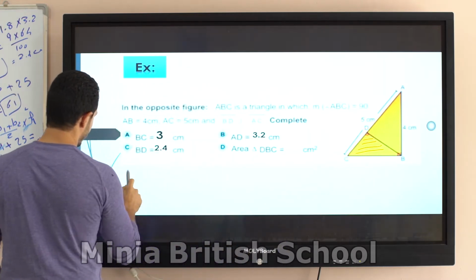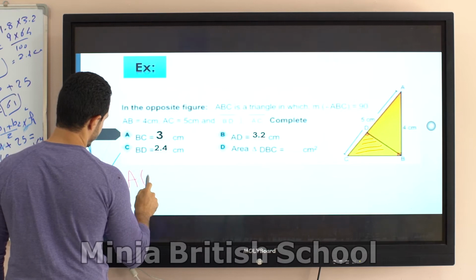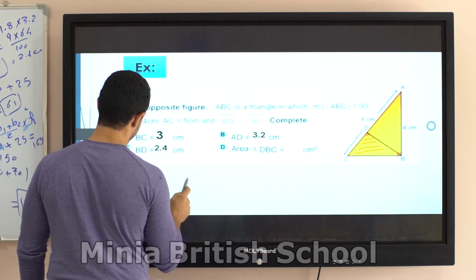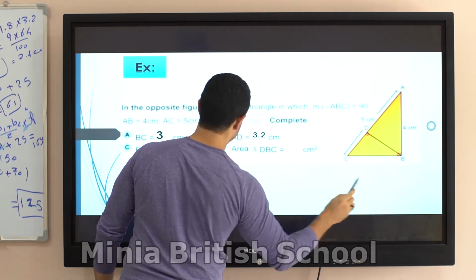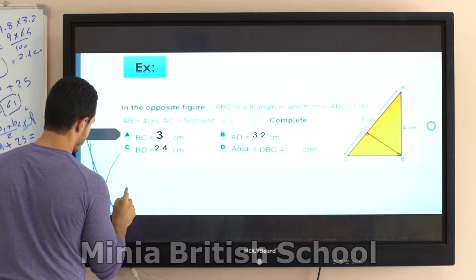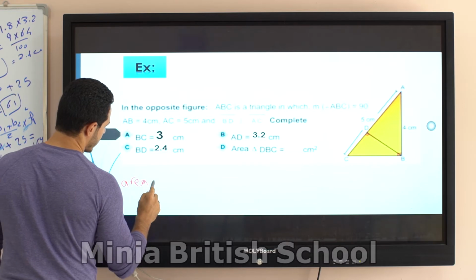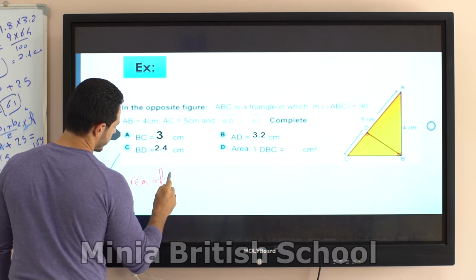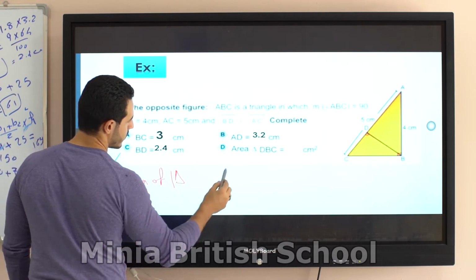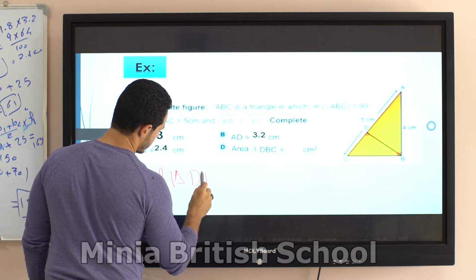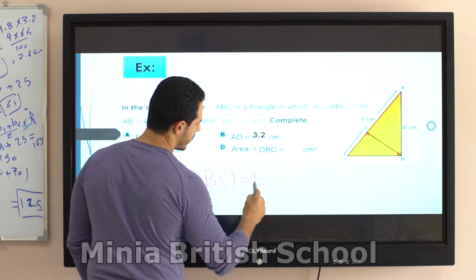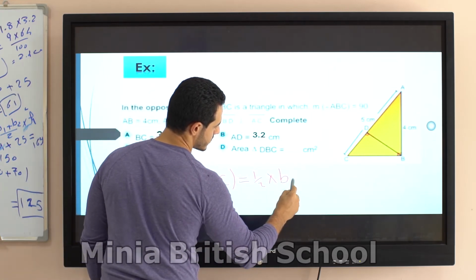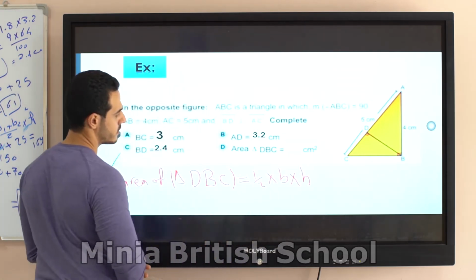So the area of triangle DBC equals half times base times height.